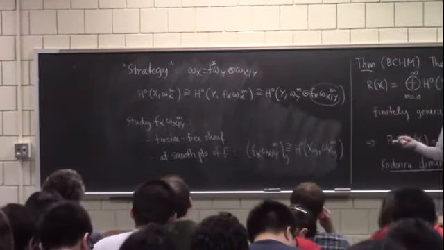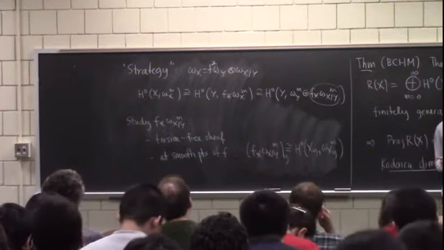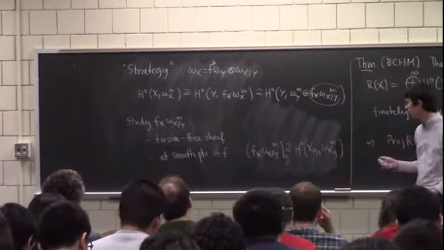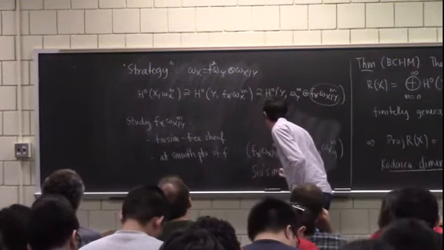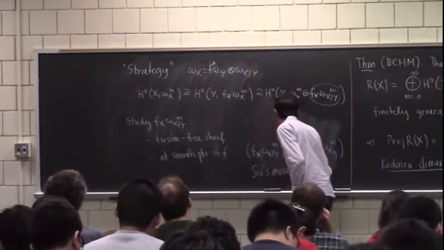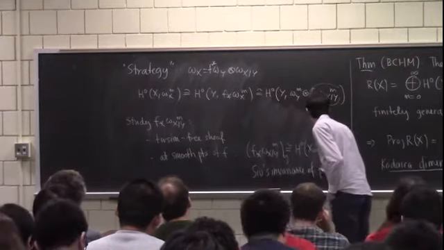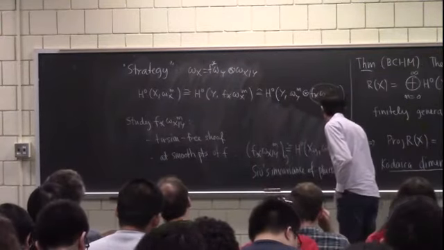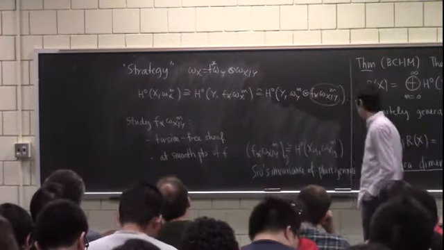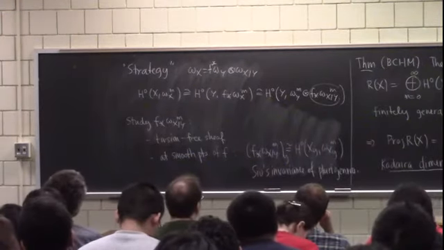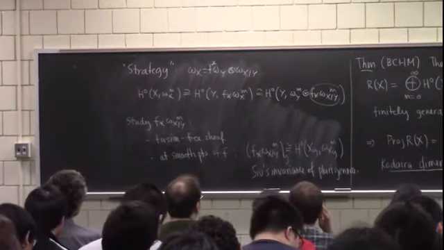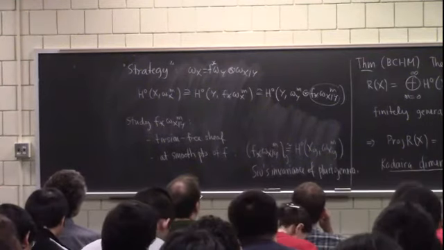And this is a consequence of the famous deformation invariance of plurigenera, Siu's invariance of plurigenera. So in fact, this sheaf is locally free over the smooth locus of the map, and the fibers are just the pluricanonical forms of the fibers.